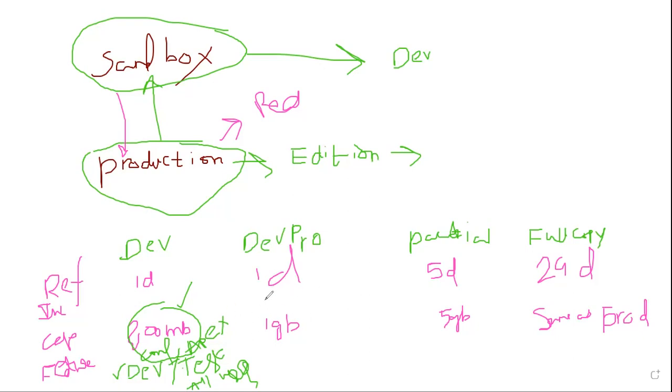Here also we can keep all the users. The advantage of the developer pro sandbox is that the storage is 200 MB. With the developer sandbox, you can test functionality on a very small number of records, whereas in the developer pro sandbox, you can test your developed functionality on a somewhat larger amount of data.